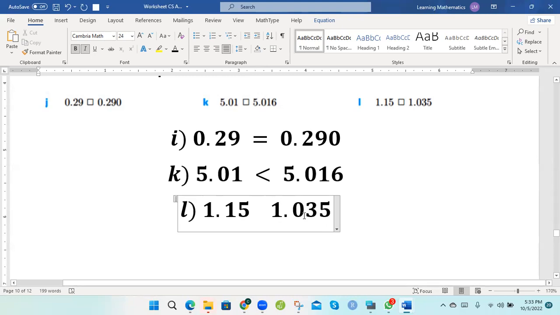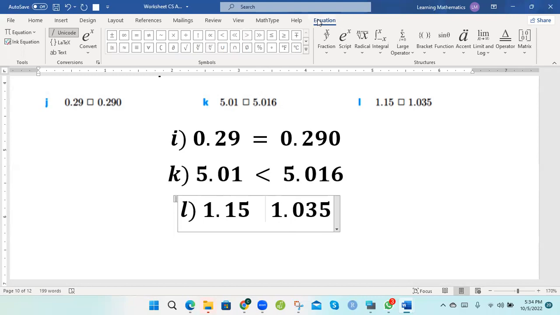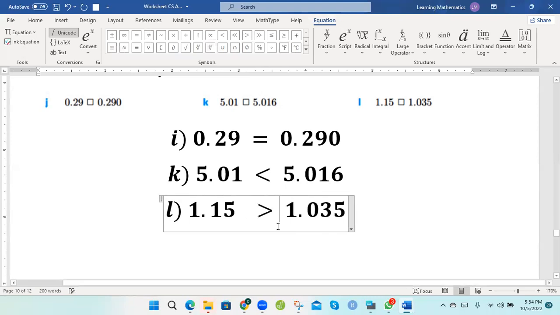So therefore, the point has to be facing the 1.035, and the opening has to face the 1.15, because the name of the opening is greater than and the name of the point is less than. So you can clearly see, when you start at 1.15, what do you see?